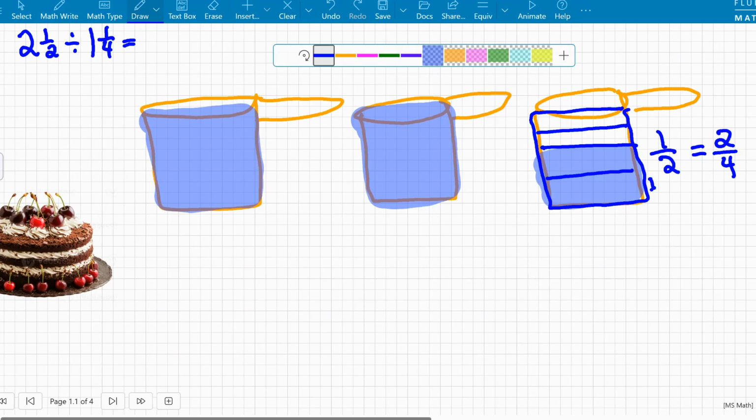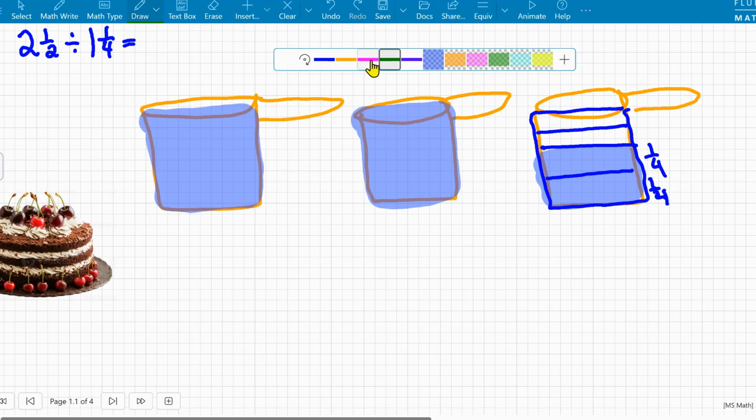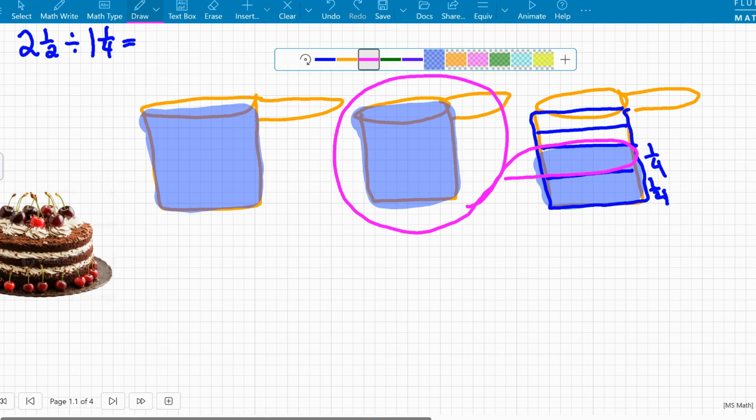So this represents 1/4. This represents 1/4 as well. Okay, so now when I divide this up, my first cup plus a bit represents 1/4. So 1 1/4 represents my first layer. So I can make 1 layer for sure.